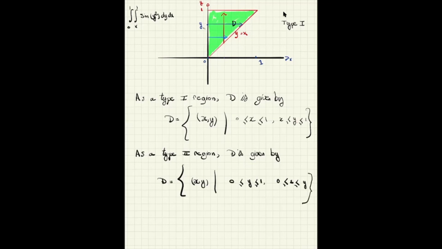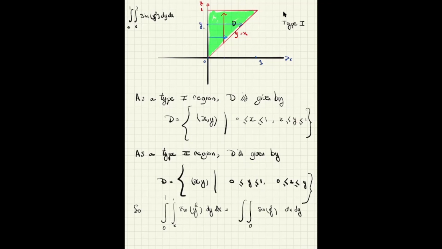So by Fubini's theorem, the integral from 0 to 1 of the integral from x to 1 of sine y squared dy dx is also equal to the same integral, same function, but on the region D viewed as a region of type 2, which means that I will start by integrating with respect to x and then with respect to y.